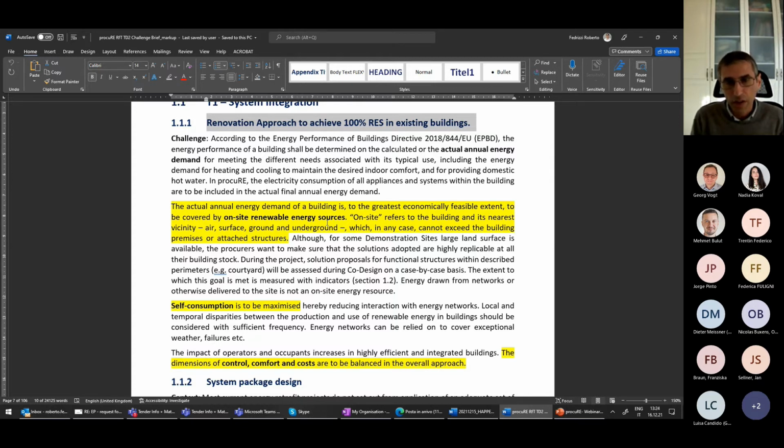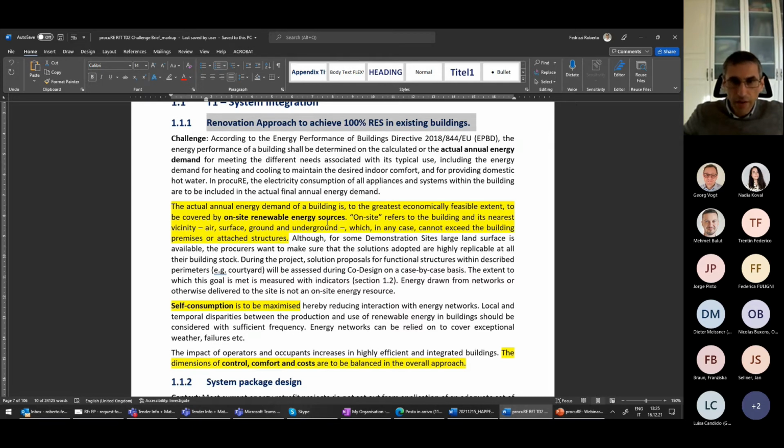So that is huge. The point is that we don't want you to propose a solution in which you cover the airport surface with PV panels, and then you cover energy needs by this PV electricity production, because that is not replicable on a wide scale. We want you to have approaches that are replicable over wide scales.